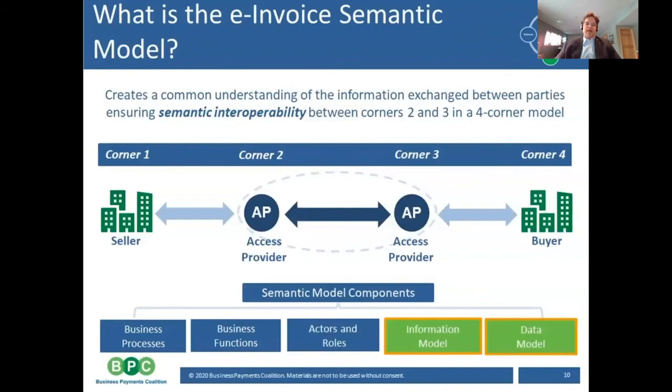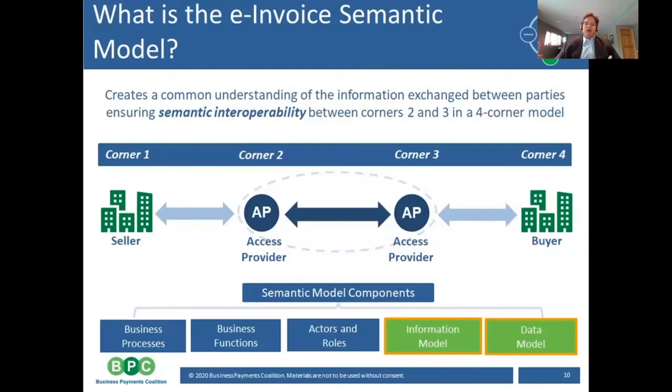The model defines what those business processes are. It defines the business functions that are involved in processing an invoice, such as accounting, procurement, shipping, for example. It defines the actors and roles involved in the invoice business processes from both a seller and a customer perspective. And it also defines the information model as well as the data model.